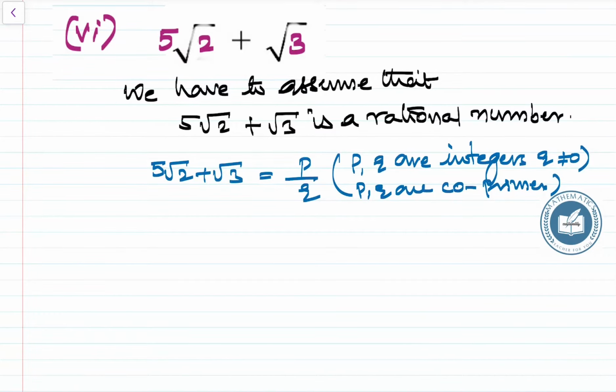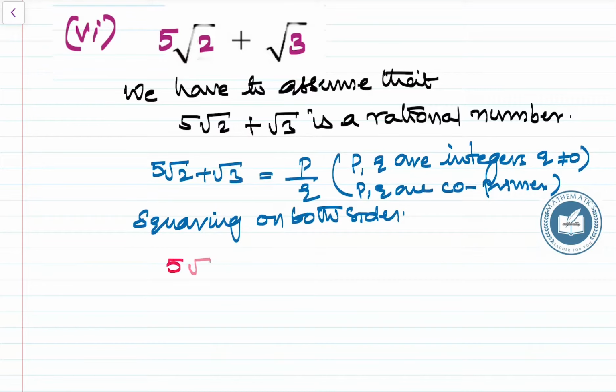Based on this, what do we have to do here? We have to show that the sum of these two numbers is a rational number. If the given number is in this form, we have to take squaring on both sides. So we can write 5 root 2 plus root 3 whole square equal to p upon q whole square.